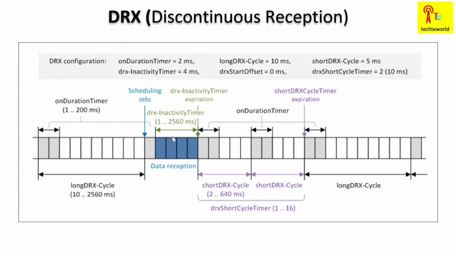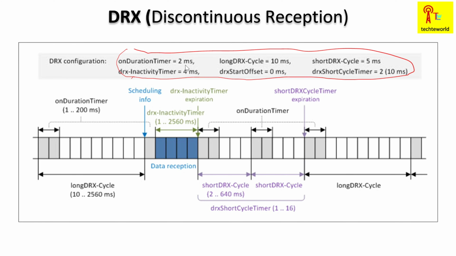Finally, let us see the most important part of our video. From this particular pictorial diagram, I will let you know what the DRX procedure actually is. In this column we have mentioned all the DRX parameters, along with the value of the timer each can support.